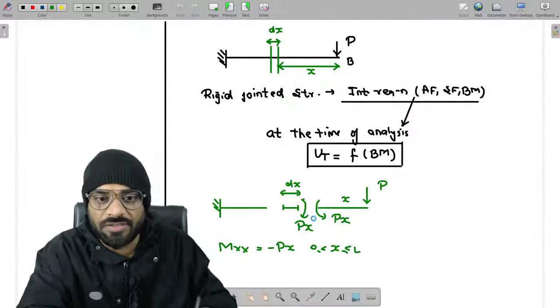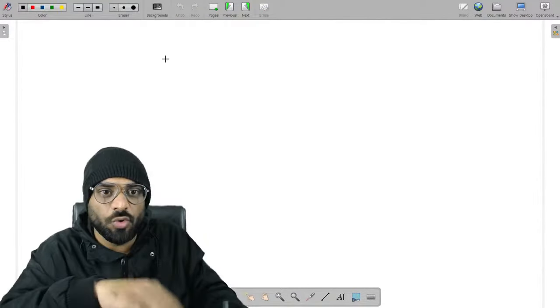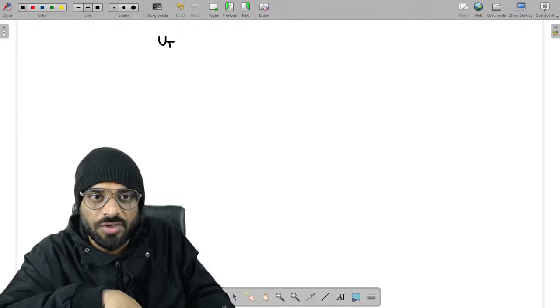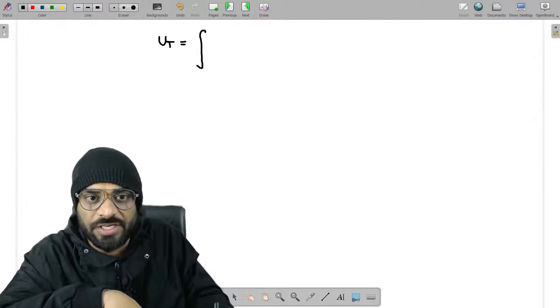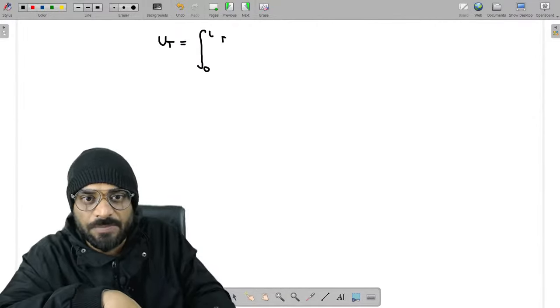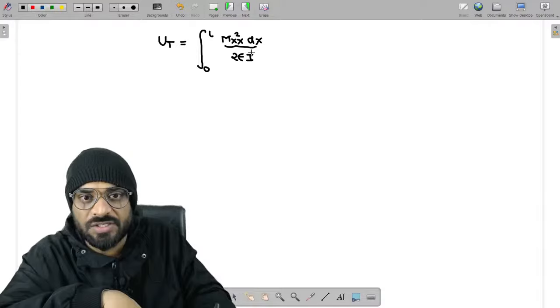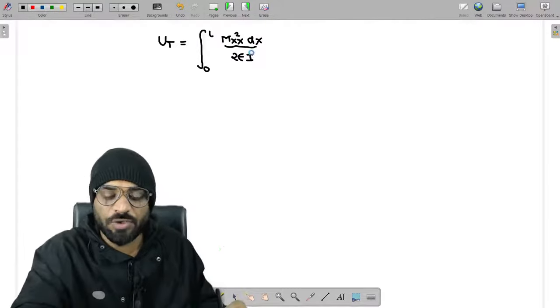So let's calculate the value of total strain energy, how we can find it out. Total strain energy is equal to integration 0 to L Mxx square dx upon 2EI. This is the general formula which we have to use. Now let's put the value of Mxx.